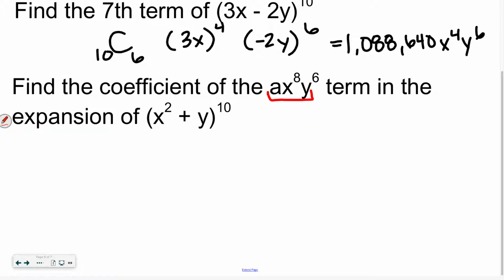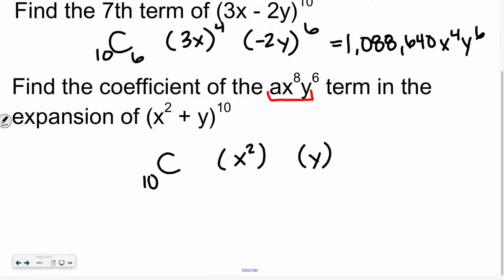Well, every term is made up of three things, right? A combination, a first term raised to a power, and a second term raised to a power. I know that my power of a binomial is 10, so I'm going to be doing a combination of 10 choose something.